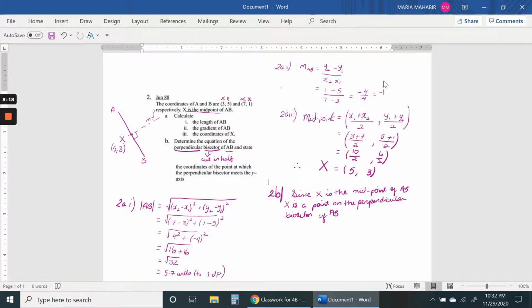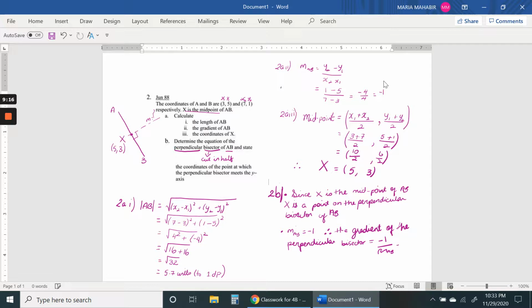And then we know the gradient of AB equals -1, therefore the gradient of the perpendicular bisector equals -1 over the gradient of AB.